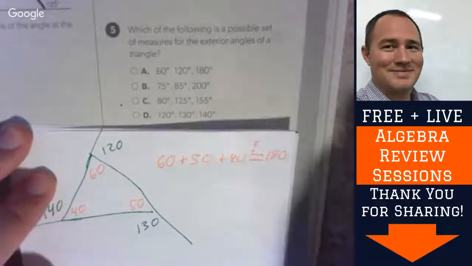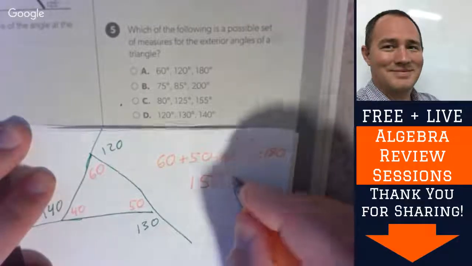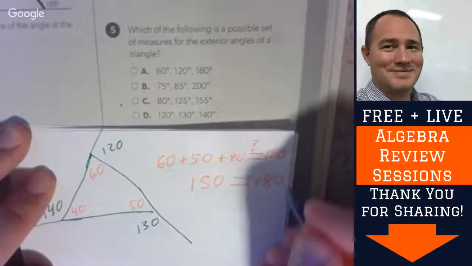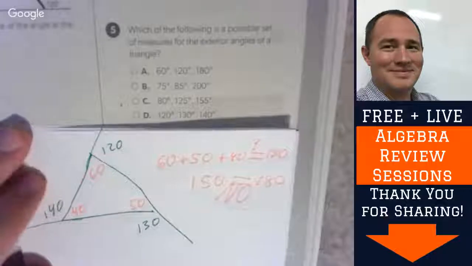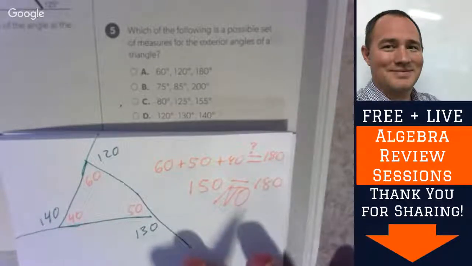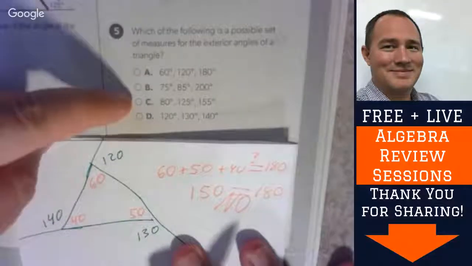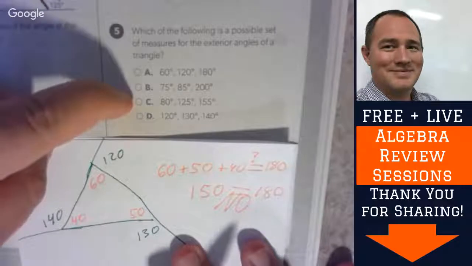So what does that give us? That gives us 150. Does that equal 180? No. So this would not be a legal triangle. So the only possibility would be option C.